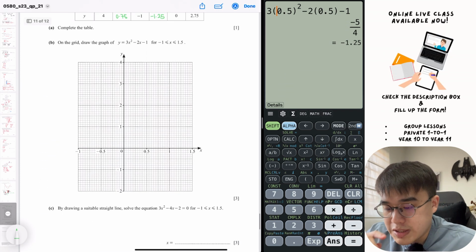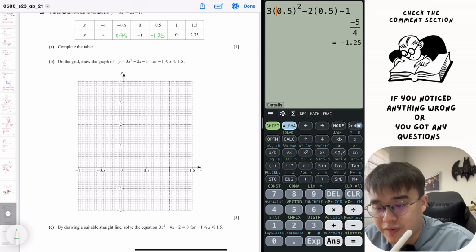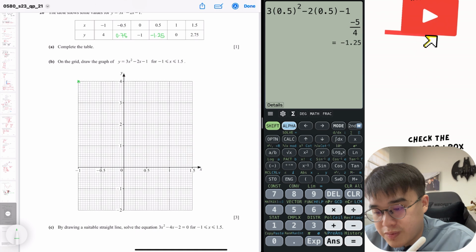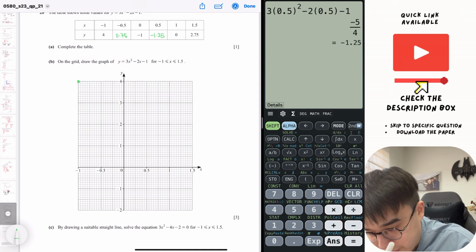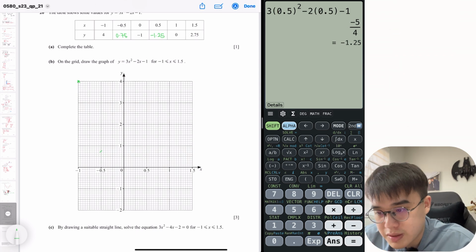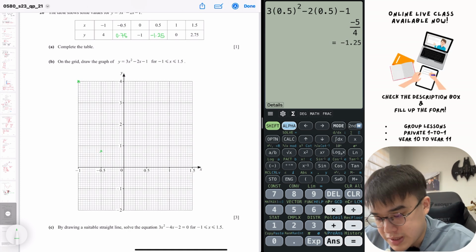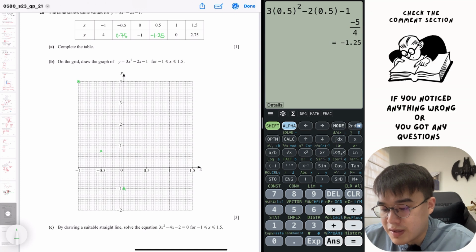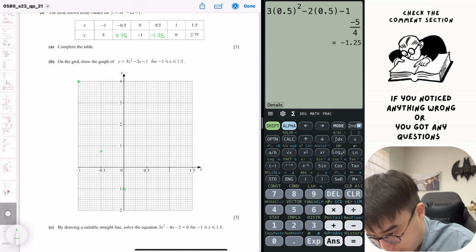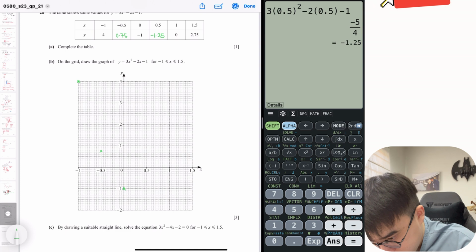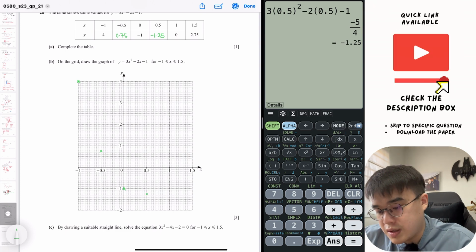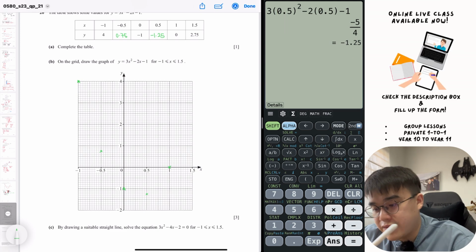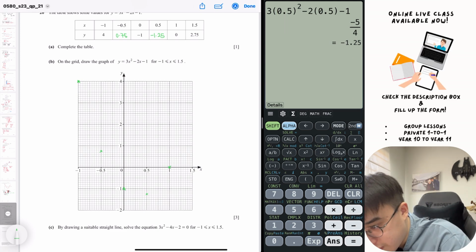Okay, so they say when x is negative 1, your y is 4. When x is negative 0.5, you got 1.75, which is around this part. 0 is negative 1. And then 0.5 is negative 1.25. Then 1 is 0. 1.5 is 2.75.